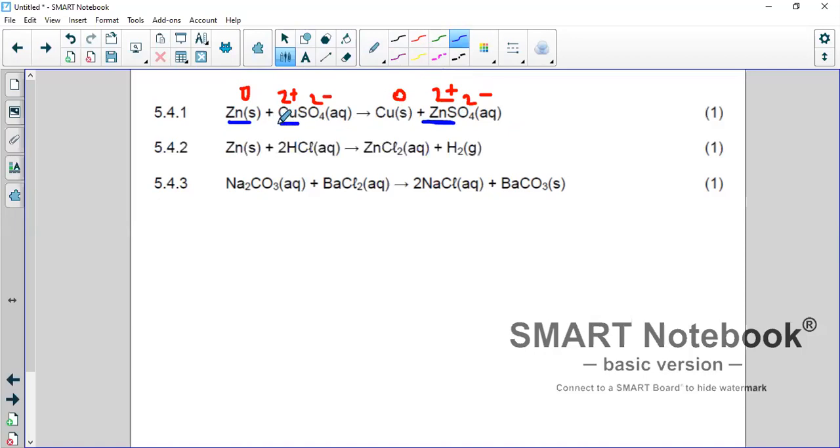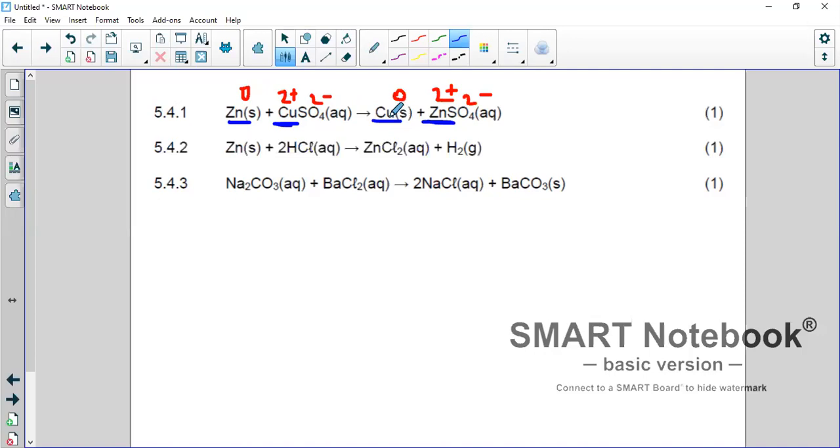Copper was 2 plus, now it's a 0. Did the oxidation number increase or decrease? It decreased from 2 to 0. Whenever there's a decrease in oxidation number, it means it has gained electrons. So what does that mean? By how many units did zinc change? It changed by 2, so zinc lost 2 electrons, and those 2 electrons were taken by copper, which gained them to form Cu.